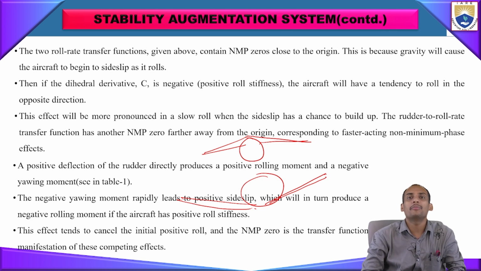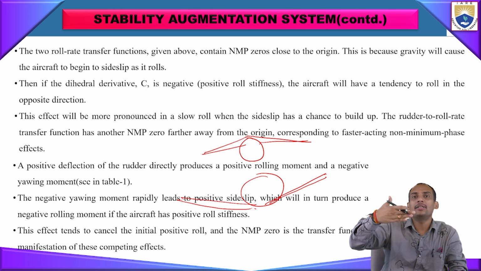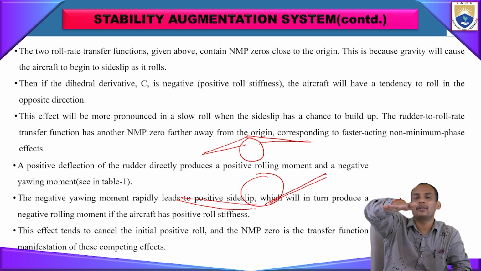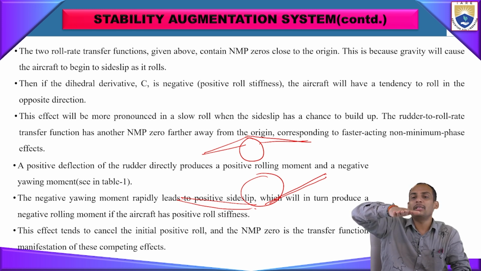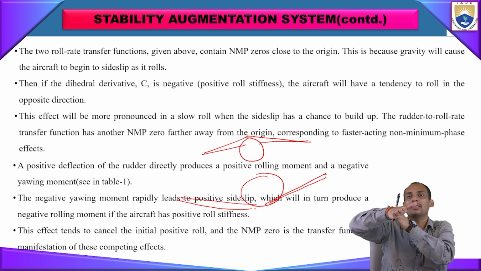The negative yawing movement rapidly leads to positive sideslip. Like that, the yawing movement is negative, then the sideslip has to go positive, which means the right side has to go. That means the roll rate will be positive, and then the rudder movement will be negative. Negative means what?